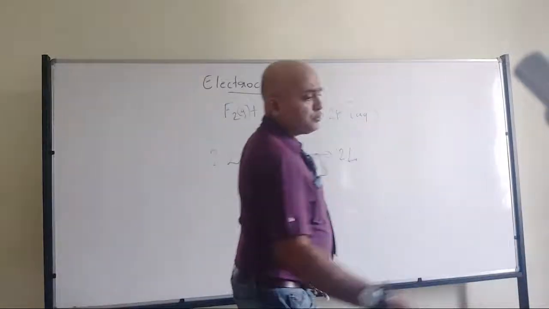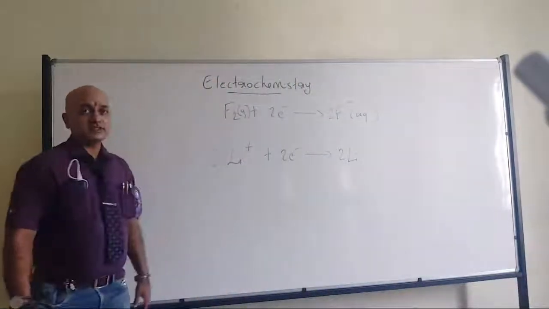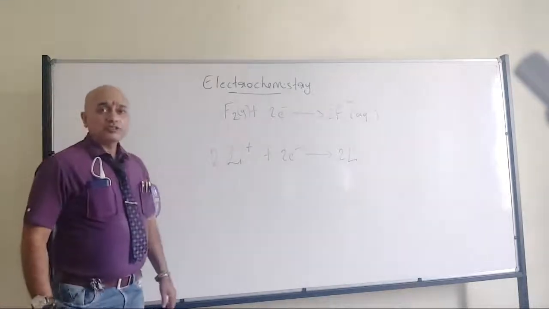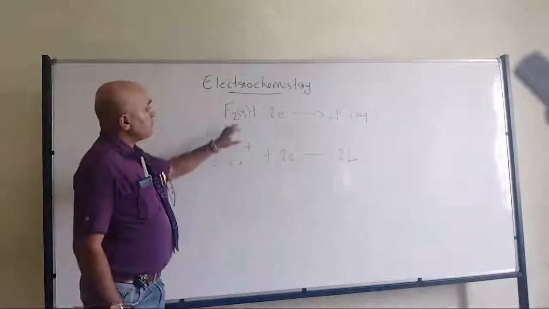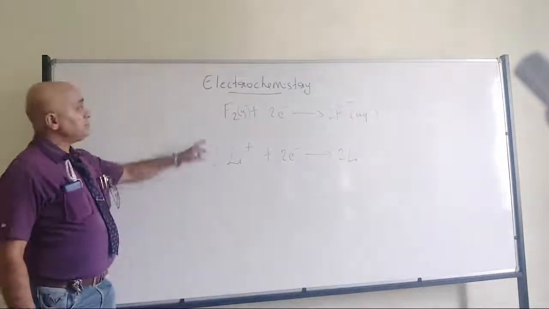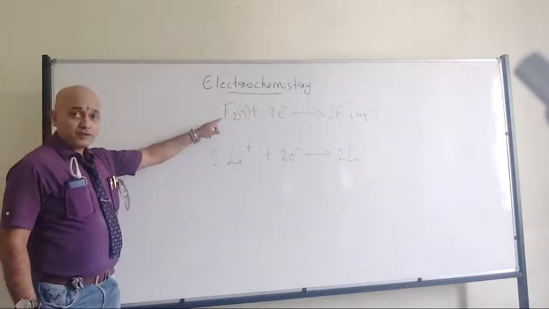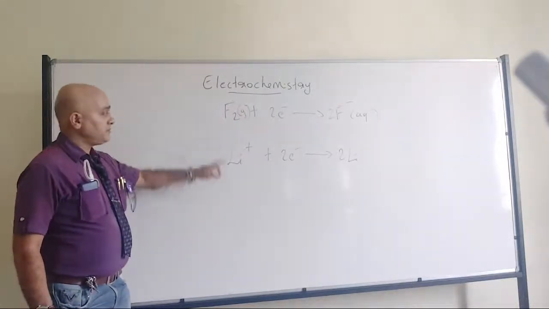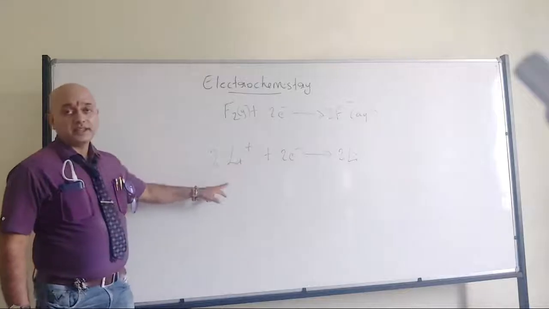Now these are the 2 extreme reactions in your electrochemical series. Lithium belongs to the alkali metals, fluorine belongs to the halogens. Here we are talking about the fluorine molecule, and here we have the lithium ion.